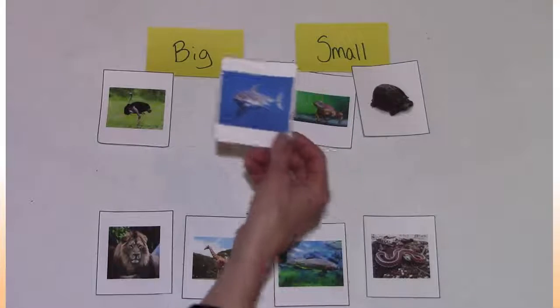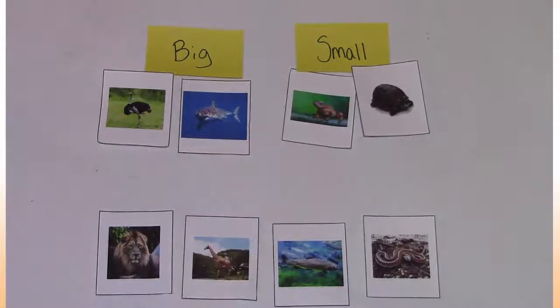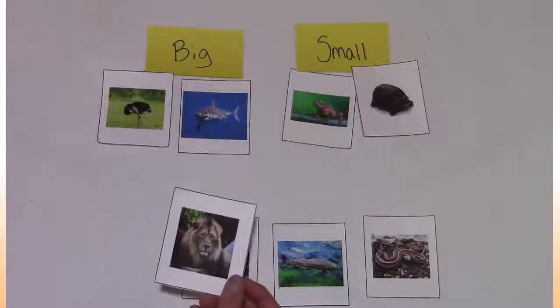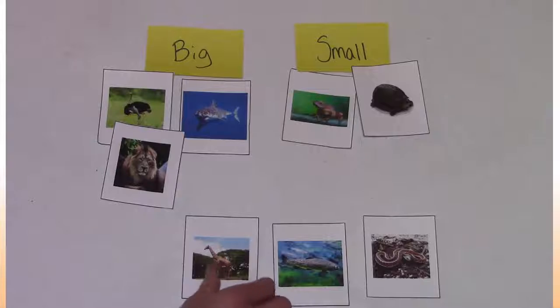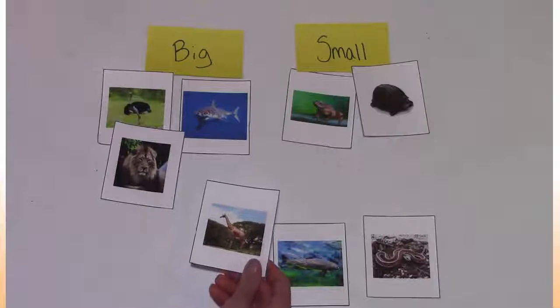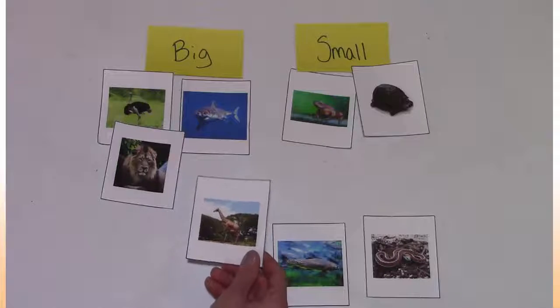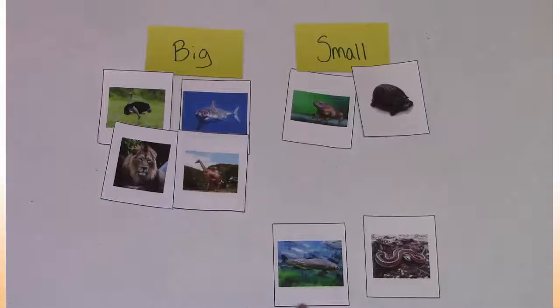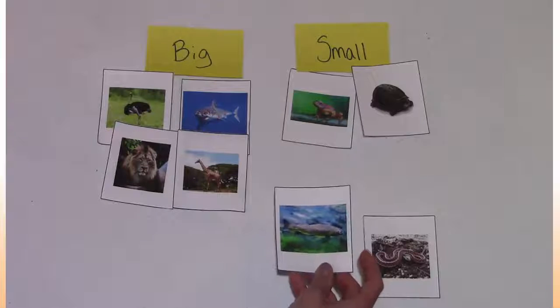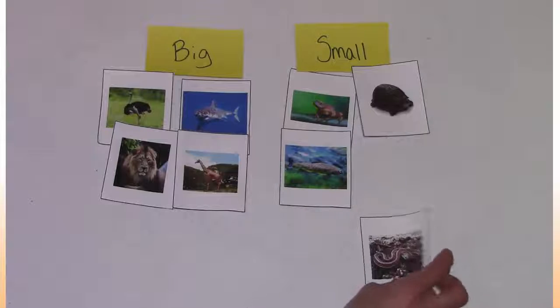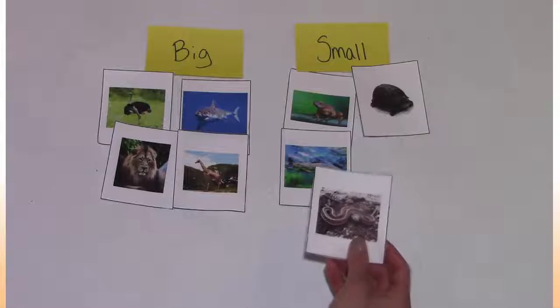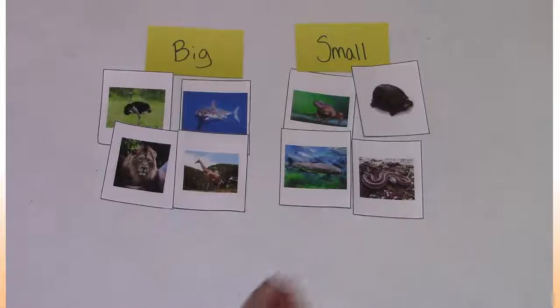It is huge. Definitely big. Lion. A lion, I know, is a very big cat. Look at how tall this giraffe is. Yep, I agree. Big category. Rainbow trout. I think that's pretty small. And finally, snake. Yep, also small.